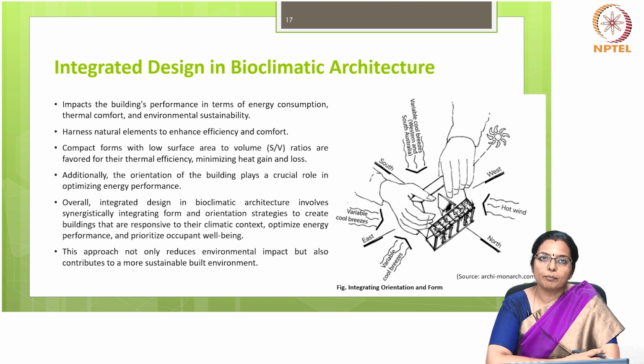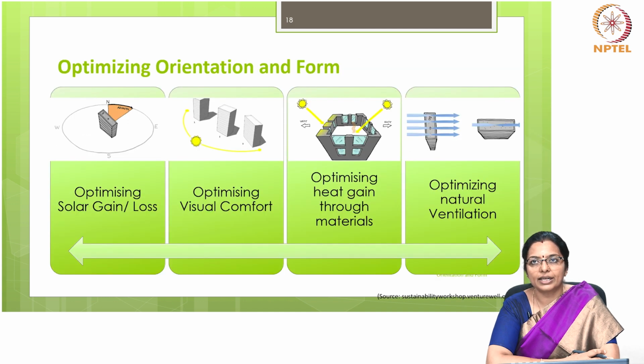So, it becomes important to have an integrated design in bioclimatic architecture. The integration of form and orientation is fundamental in bioclimatic architecture as it directly impacts the building's performance in terms of energy consumption, thermal comfort, environmental sustainability, daylighting and ventilation.